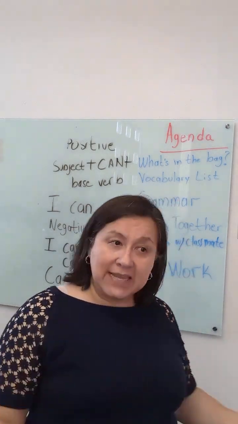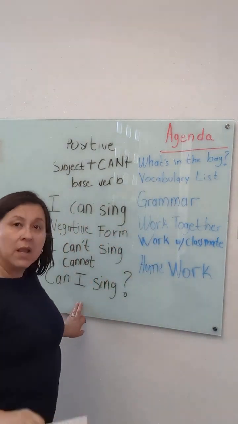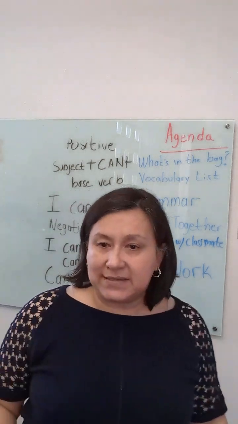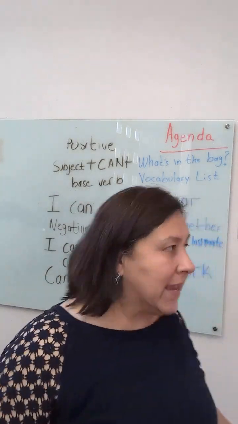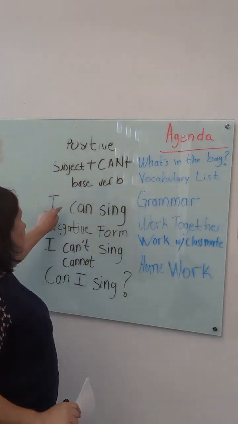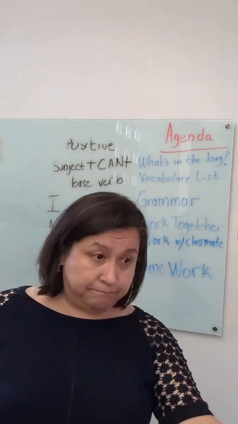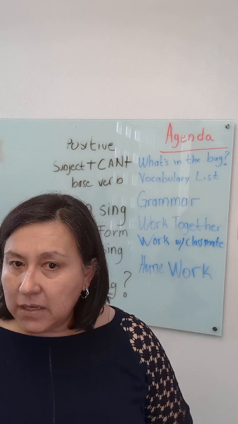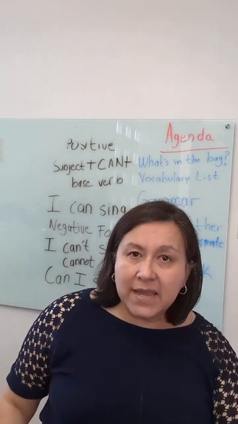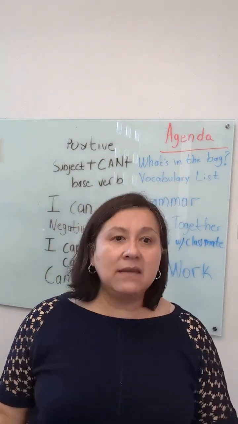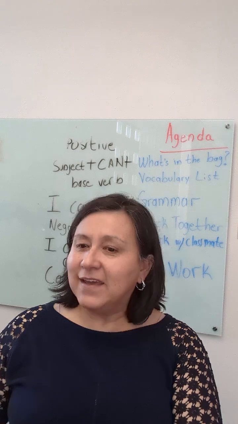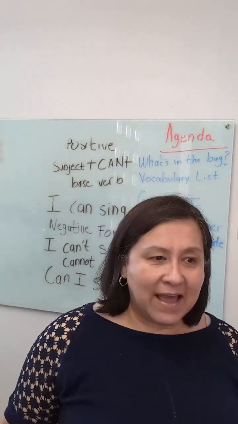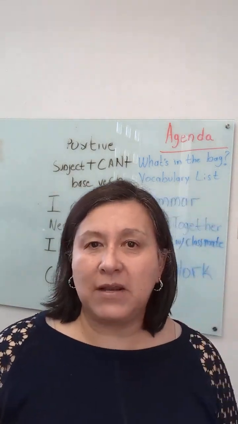Can I sing? I put it here on the board, but you also have it on your sheet as an example. We can change this subject to Pedro can sing, or Maria can cook. Yes, that's one of the words in our vocabulary list.